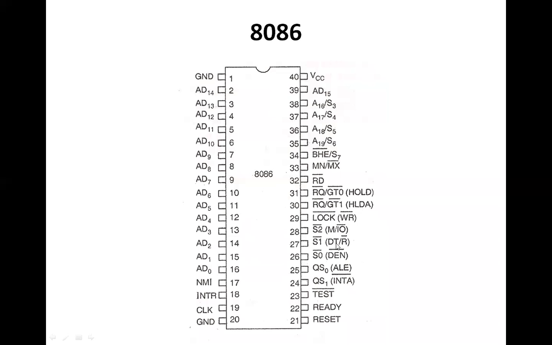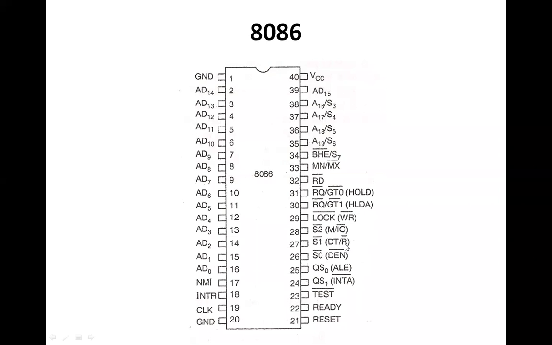Then we have DT/R. DT/R means data transmit, receive. DT stands for data transmit and R stands for receive. The data transmit/receive signal shows that the microprocessor is transmitting data if it is at 1, and it is in receiving mode if this signal is low.